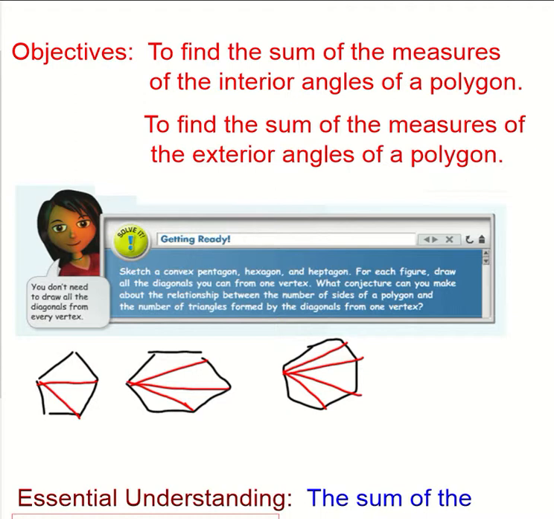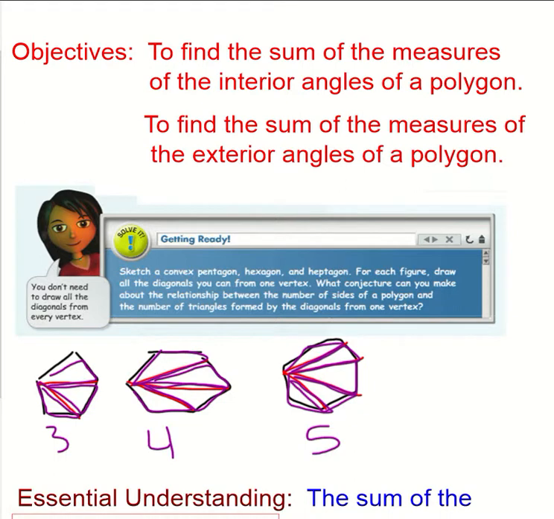So if I draw these diagonals here, I have 1 triangle, 2 triangles, 3 triangles. Here I have 1, 2, 3, 4 triangles. Here I have 1, 2, 3, 4, 5 triangles.